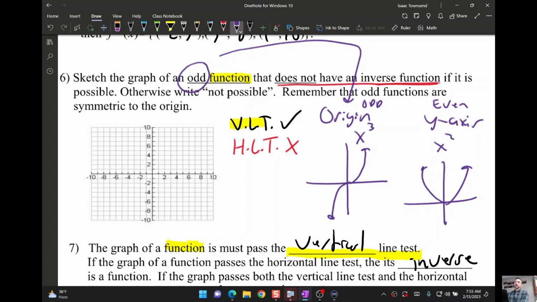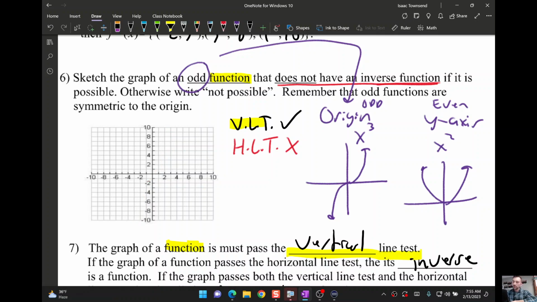So I have to think of something that's a function. It's got to be symmetric to the origin, and it can't pass the horizontal line test. So right away, I would say x cubed is pretty close. The only problem with x cubed is it does pass the horizontal line test, so that's not quite good enough. But I can still make something that's symmetric to the origin, passes the vertical line test, and not the horizontal line test.